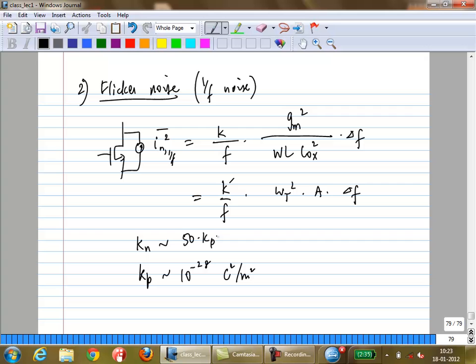Which means in a PMOS, the chances of charge carriers getting trapped in these interfaces become lower than in an NMOS. That is a fundamental reason that PMOS is better than NMOS. But remember, these are only approximate values. You will have to look at your particular process and characterize it to see if PMOS really is 50 times better. Maybe it's only 10 times better. But in general it will be better.